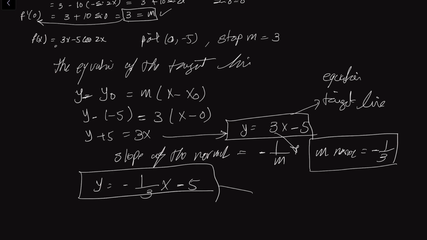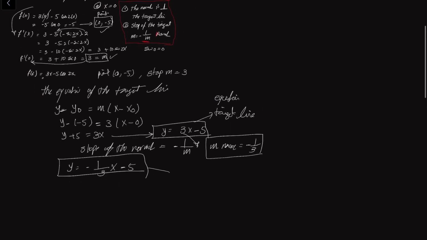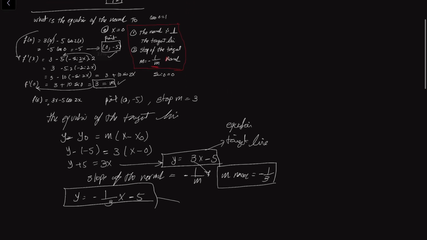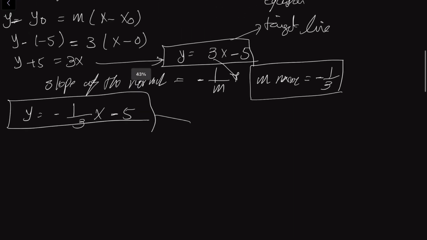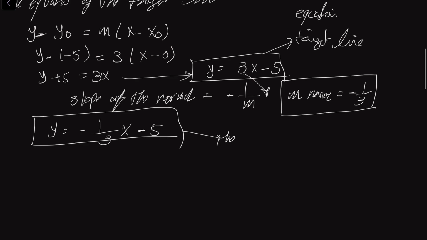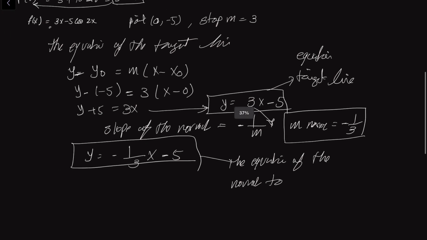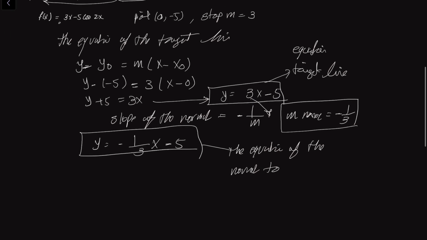And that's going to be the equation of the normal to my function f of x equals 3x minus 5 cosine 2x.